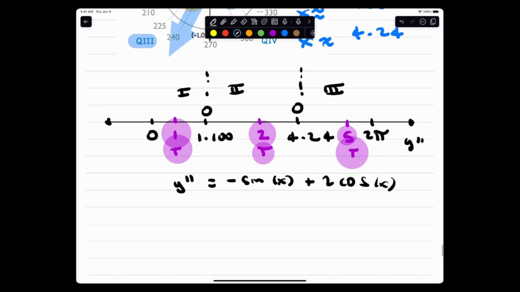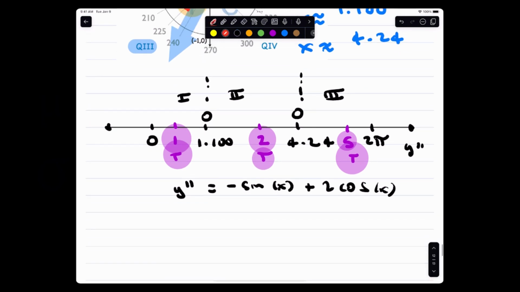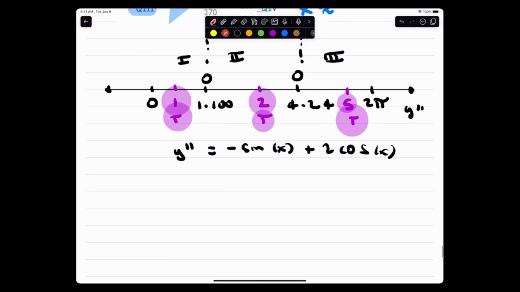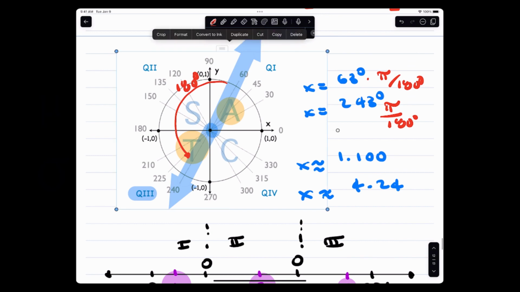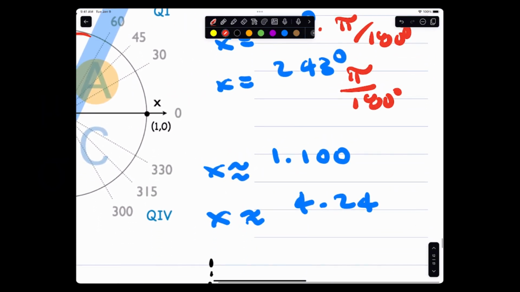And what are all of those numbers that you see there? Are they degrees or are they radians? That's going to be a big deal. Be careful. When we converted, these are now radians.